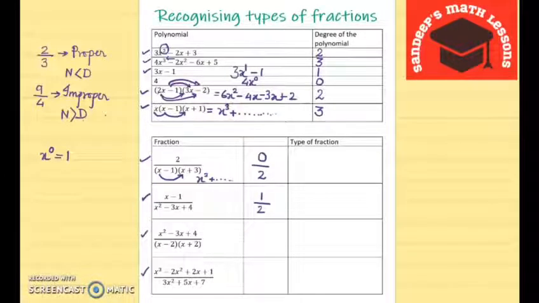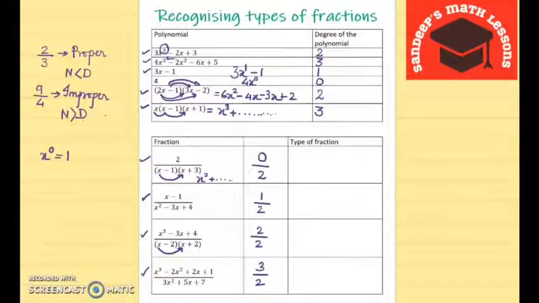The next one, the numerator's degree will be 2, and the denominator's degree will also be 2 because we have x times x squared, right? In the last one, the degree of the numerator is 3 and the degree of the denominator is 2, right?